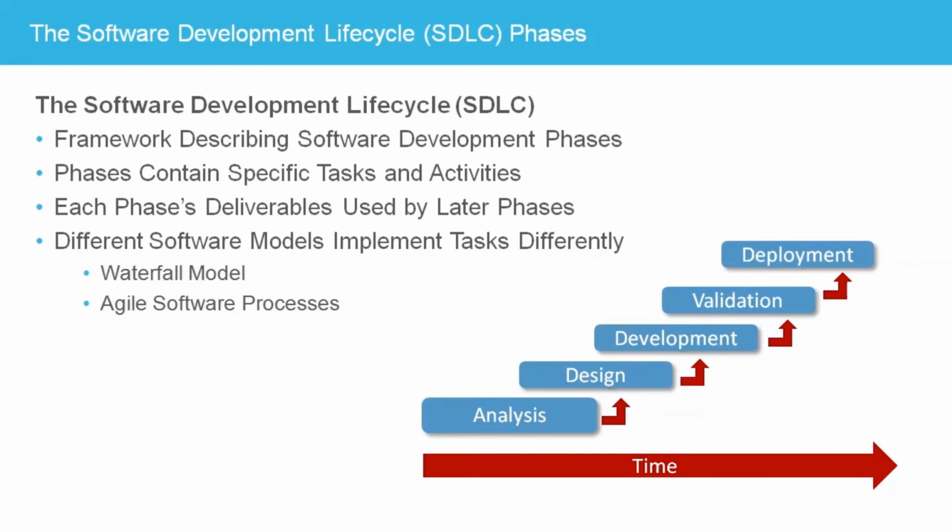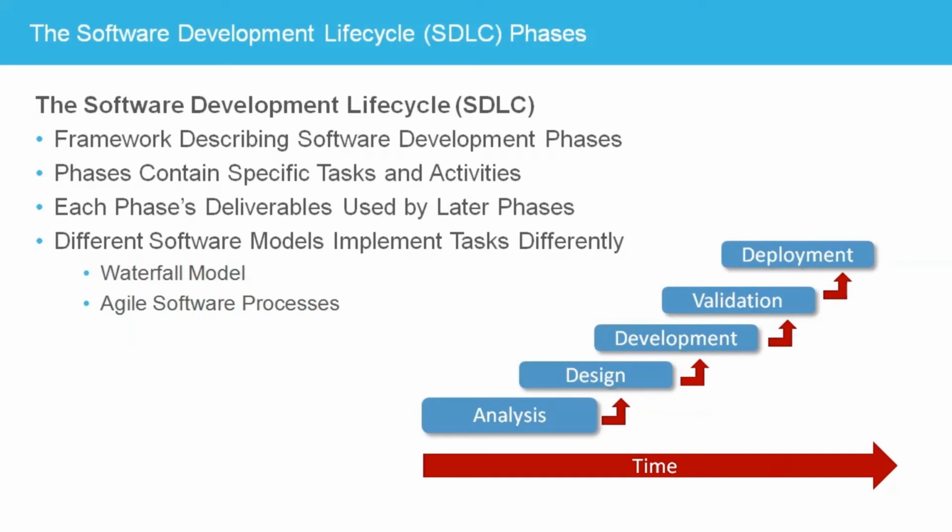The software development lifecycle defines all the tasks required for developing and deploying software. However, it does not specify how the phases and tasks must be implemented. There are many different software models and processes, which each implement the SDLC in their own unique way.